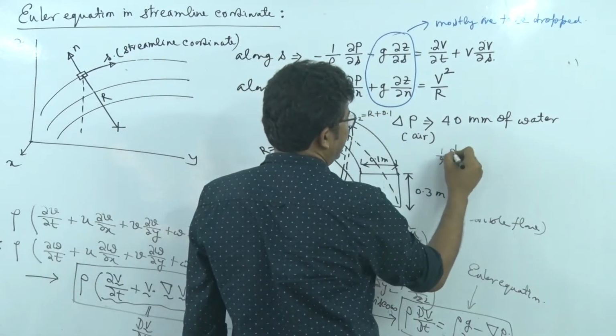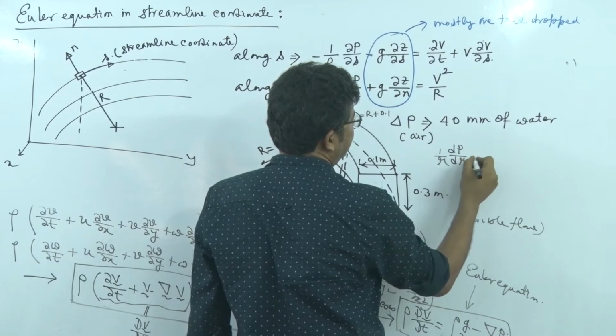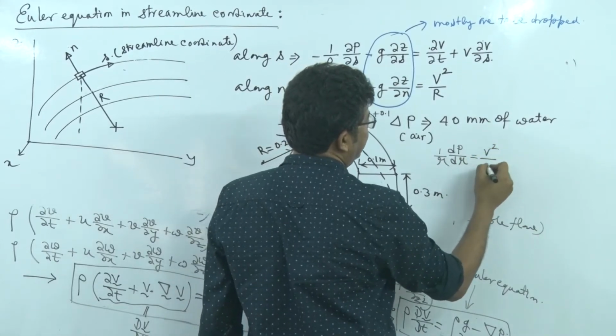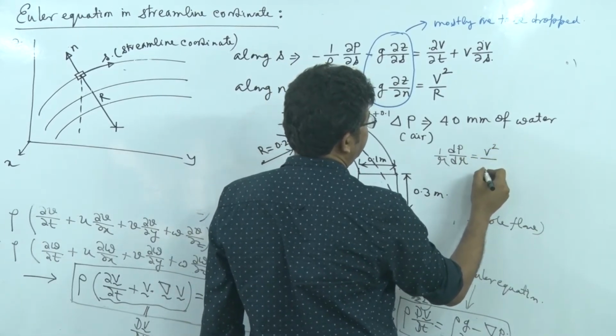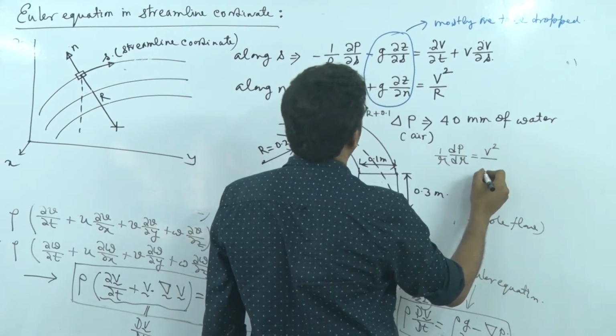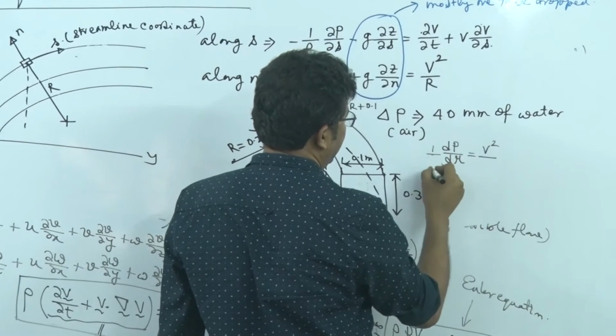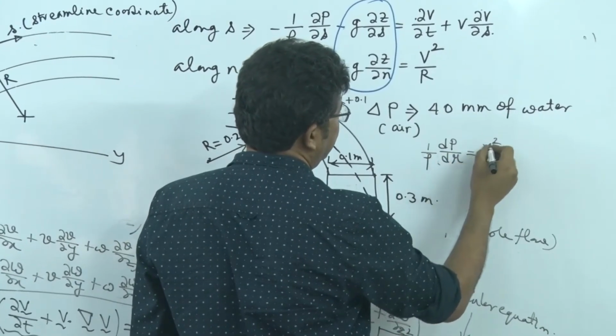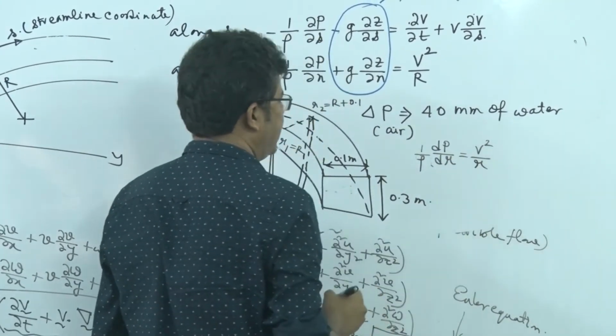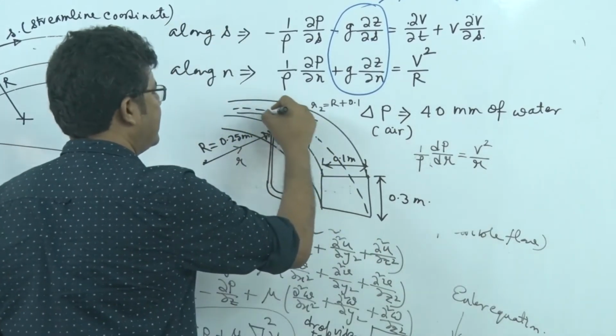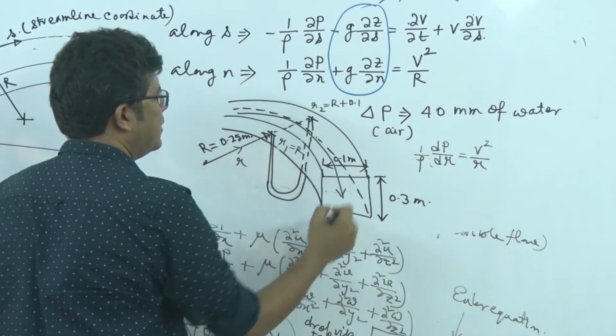So 1 by rho dp dr is equal to v square divided by r, for any streamline which is like this.